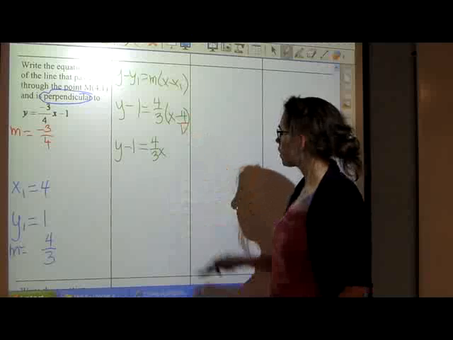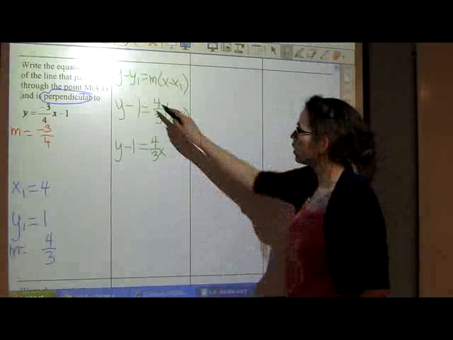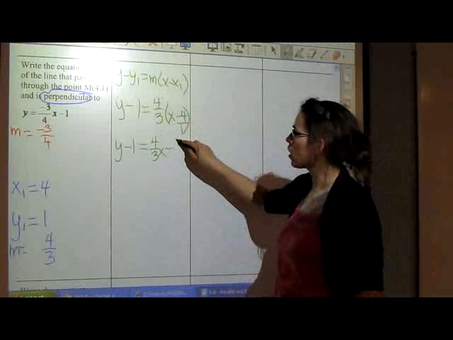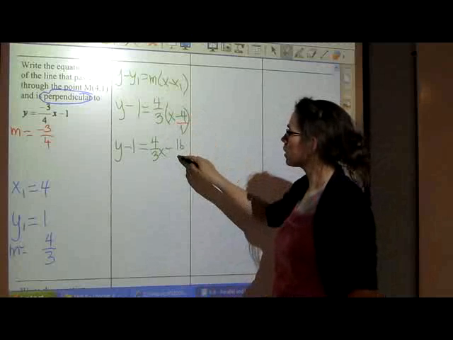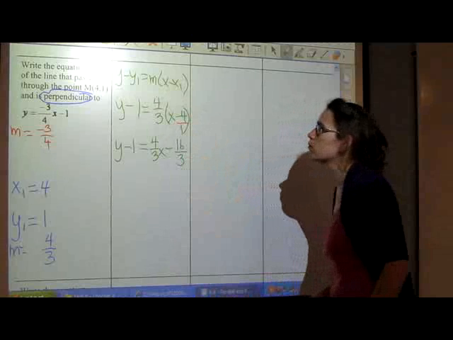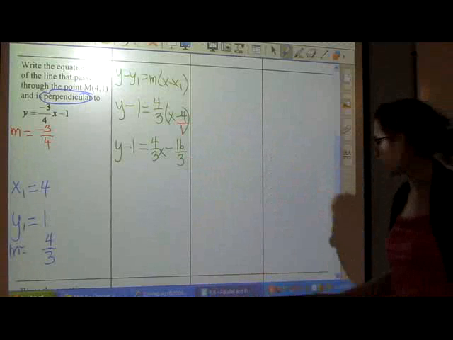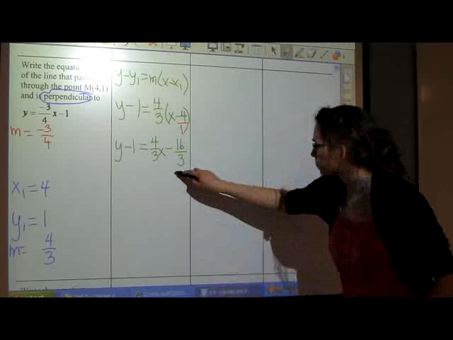And 4/3 times -4. Well, a positive times a negative gives us a negative. 4 times 4 on the top gives me 16. 3 times 1 on the bottom gives me 3. So there we are in point slope form.